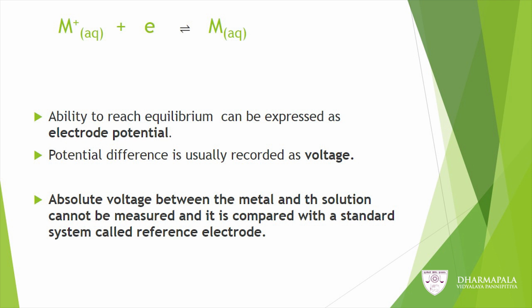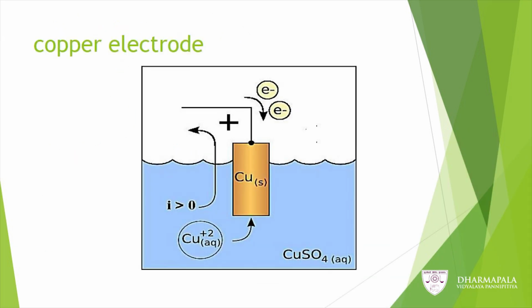Potential difference is usually recorded as voltage. The unit is volts. Absolute voltage between the metal and the solution cannot be measured, and it is usually compared with a standard system called reference electrodes. This is a copper electrode. You can see it is dipped in a copper sulfate solution. So there is an equilibrium between copper solid and Cu2 plus ions.